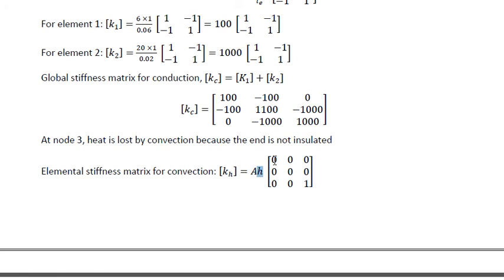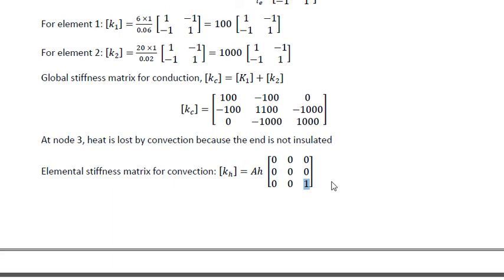Since I am taking it globally, considering both elements, the global degrees of freedom give a 3 cross 3 matrix. In the earlier class, I explained only one element. Here there are two elements, so this is a 3 cross 3 matrix. Since the right end has convection, we will write 1 here. If the left end had convection, that 1 would be written there. So since the right hand has convection, we write 1 here.